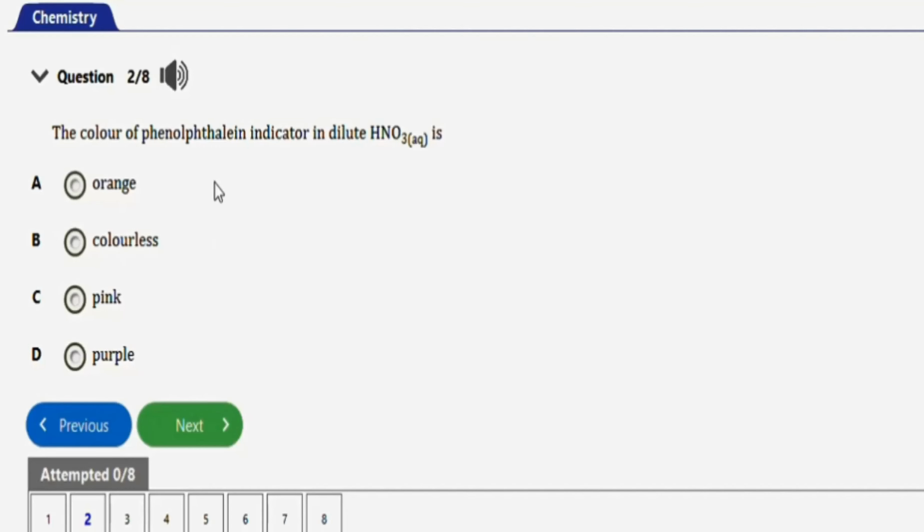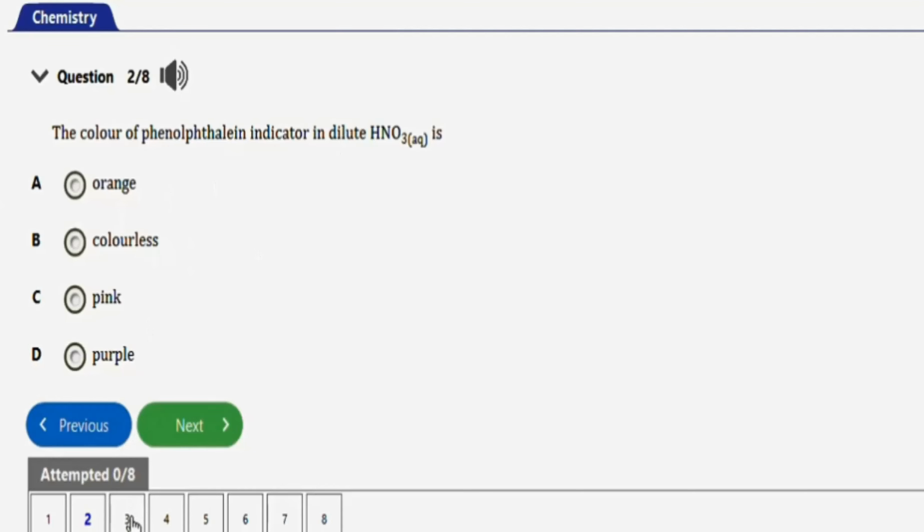So when you are doing acid-base titration and you are making use of phenolphthalein as your indicator, phenolphthalein is usually colorless when it comes across an acidic solution, whereas it is usually pink in color when it comes across a basic solution. So take note of this. In this question, it came across a dilute acid. The color of phenolphthalein indicator in dilute acid is colorless. So that's it for this question.